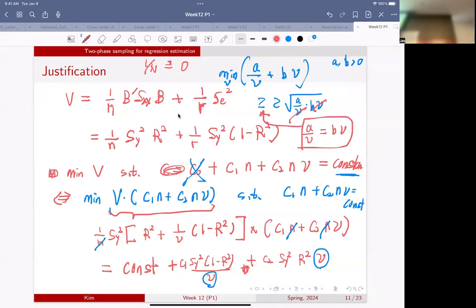So all you have to do is solve this equation. The minimum occurs when you have this equality, that is, when nu equals the square root of A divided by B. We are almost finished.